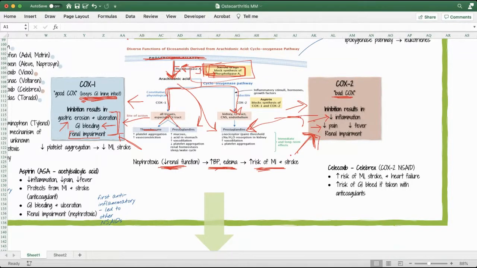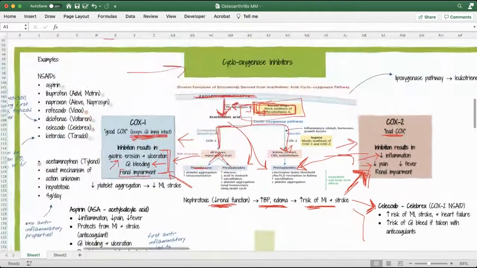Now, this isn't a huge risk for COX-1, but it is a very big risk with your COX-2 inhibitor, and your main one here would be Celebrex.